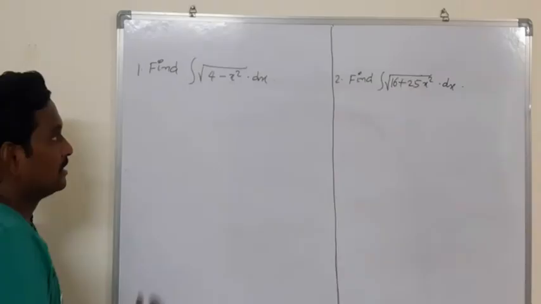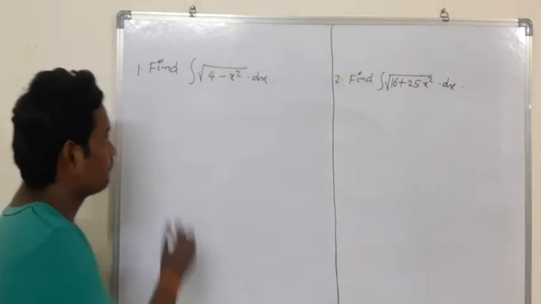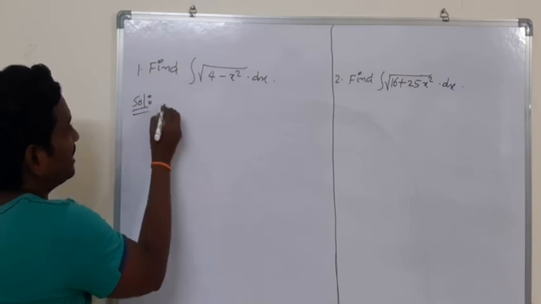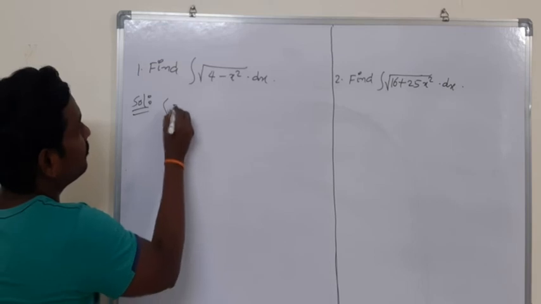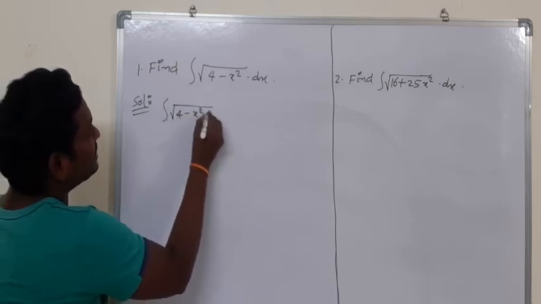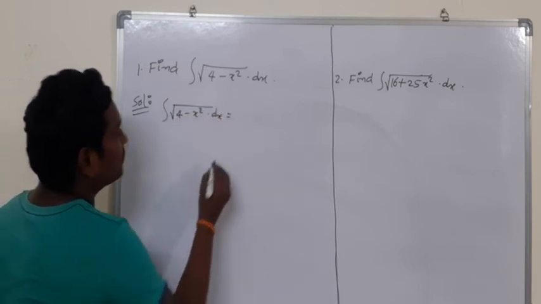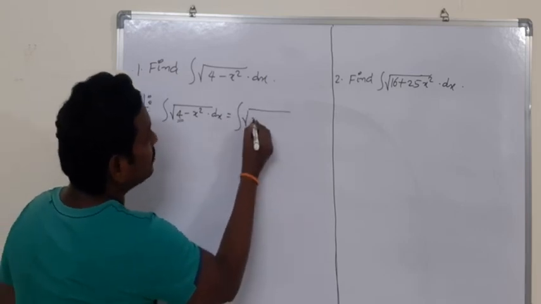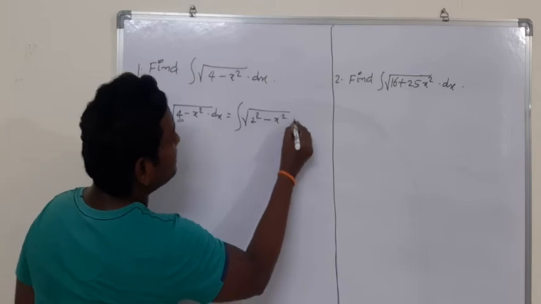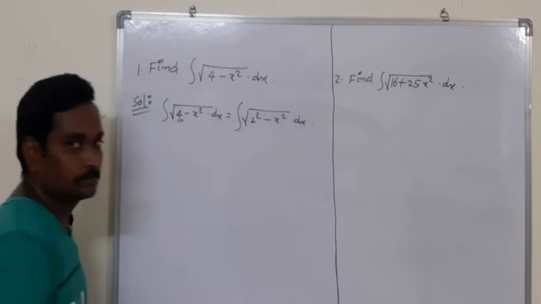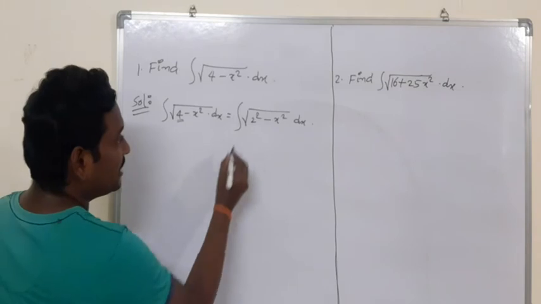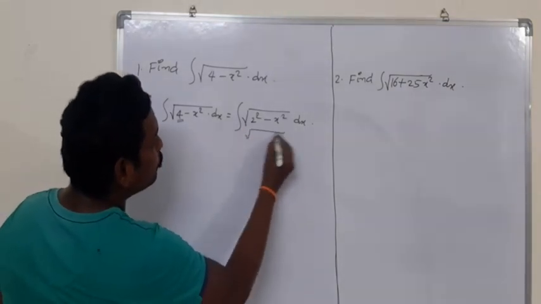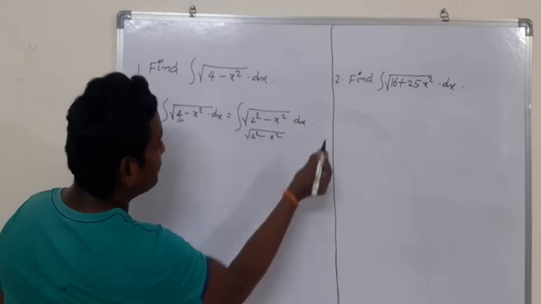Please note down. These are the examples. Consider the given problem. Integration of root over 4 minus x square dx is equal to, here 4 can be written as 2 square minus x square. Clearly we are observing that this is in the form of integration of root over a square minus x square.